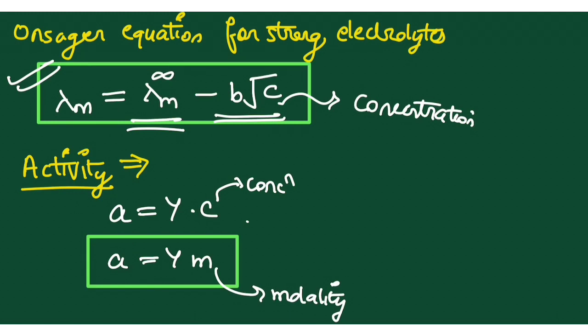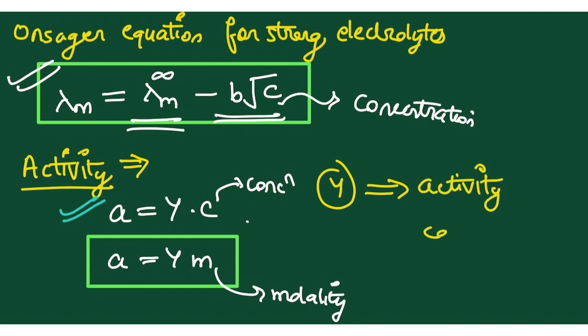Okay, now coming to the point of activity. You must know by now that we don't take concentrations in general. We take concentrations only for dilute solutions. Okay, when the concentration of the solution increases, we have to replace the concentration term by activity, which is actually the general term. That actually means how many ions are actually participating, how many ions are actually active at that particular concentration. Okay. Now, activity is equal to gamma into C, where this gamma is known as the activity coefficient.